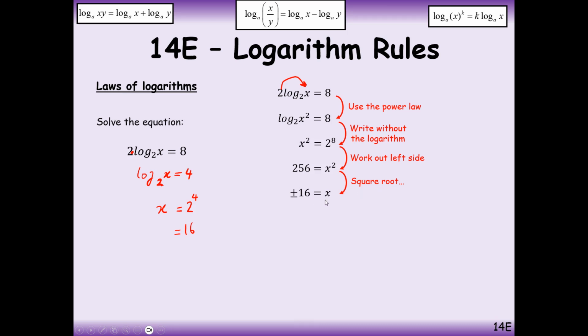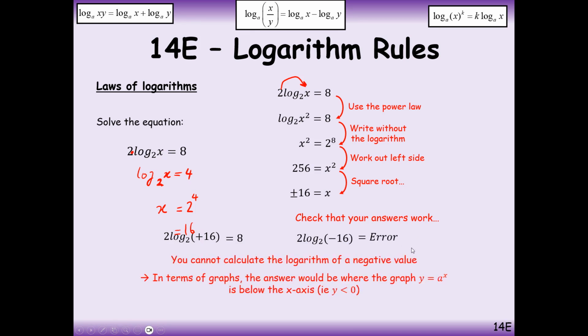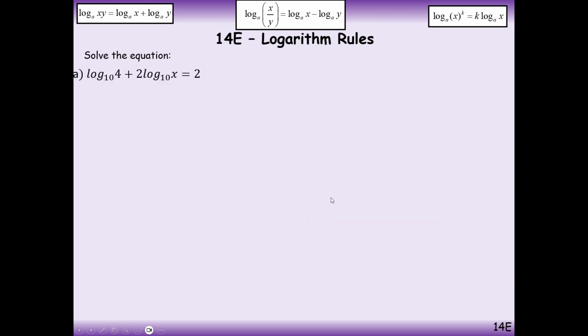But why do we ignore the negative 16? Think about it. Can I give a 16 to log? A positive 16 works, but a negative 16 doesn't work. Error. So we ignore the negative. It's important that you actually eliminate it and not give a negative 16 to the examiner.